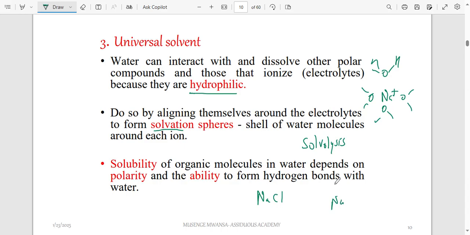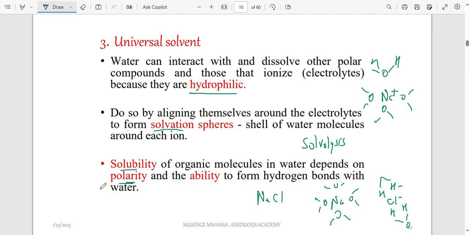So the sodium is going to be surrounded by water, specifically the oxygen part of the water, while the chlorine is going to be surrounded also, but specifically by the hydrogen part of the water, because that's the part that is positive, because the positive is supposed to interact with the negative. Because these two guys have been kept away from each other, that is, they've been broken. That's solvolysis.